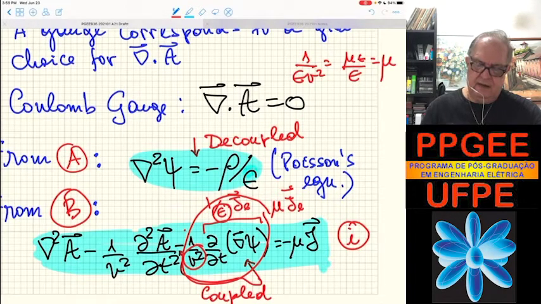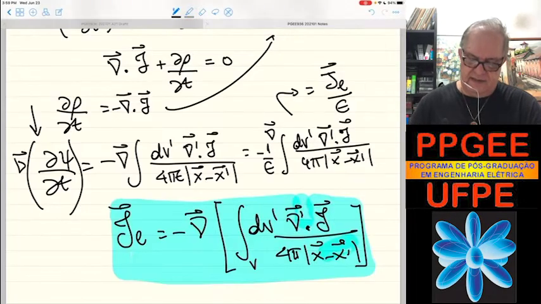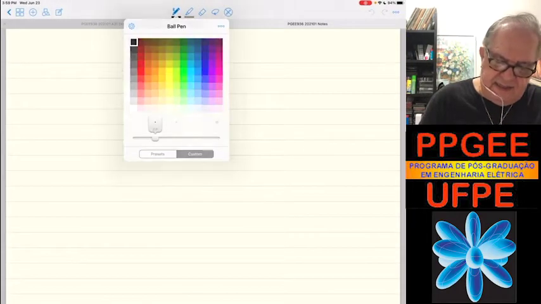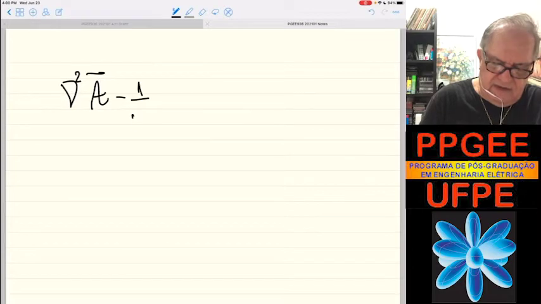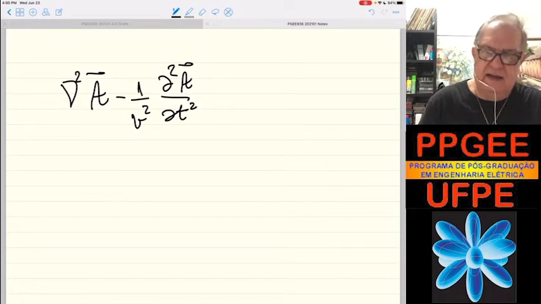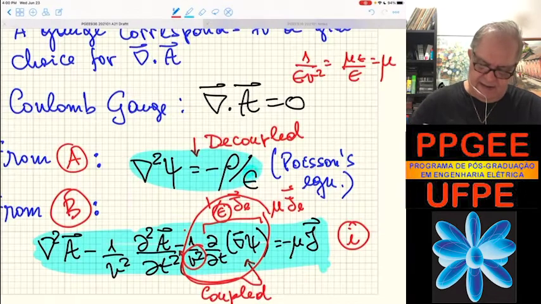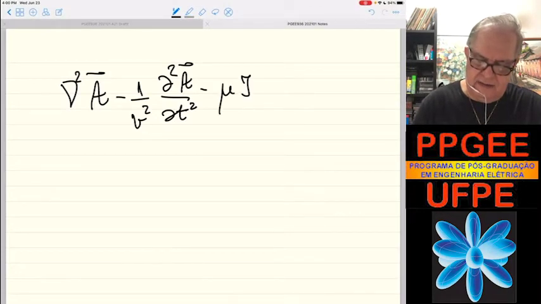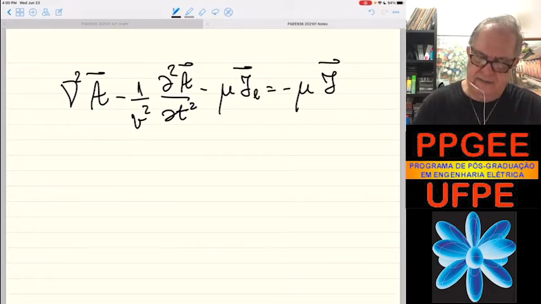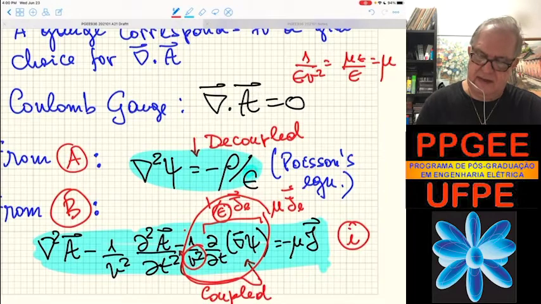Okay? So what happens? We have something like this. Laplacian of A minus 1 divided by V squared, second derivative in time, equals minus mu J_L, minus mu J, which is the total current, right?